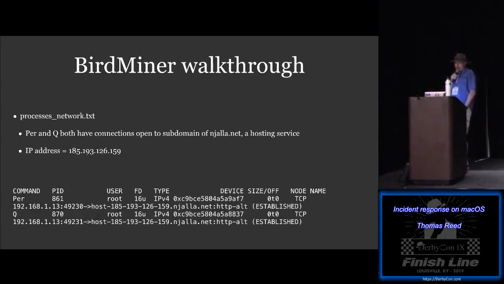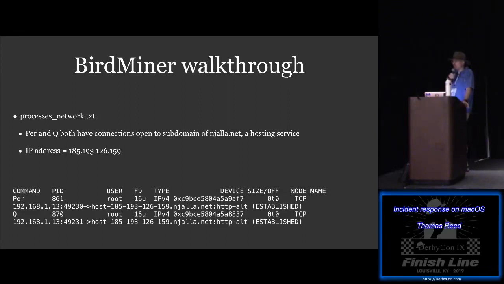Now, we can also find out where this is trying to communicate to. So we can look at the network info from lsof, and we see both processes have connections open to a subdomain of njalla, however you say that, .net, which is some hosting service.